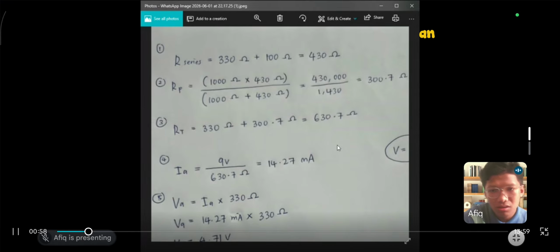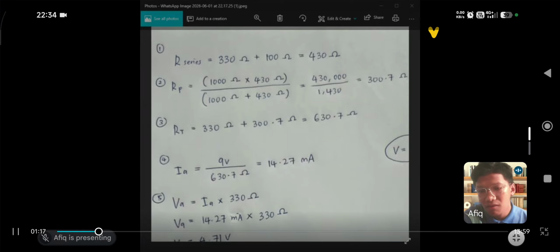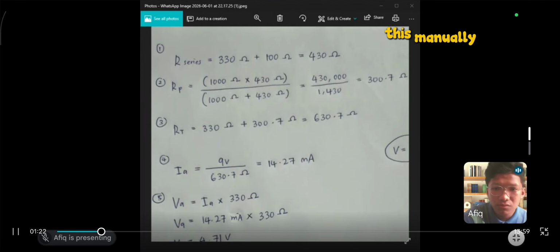For circuit 1, we need to find the currents IA, IB, and IC, and the voltage drops VA and VB. What we need to do manually is start from the far right branch and collapse the network back toward the source.